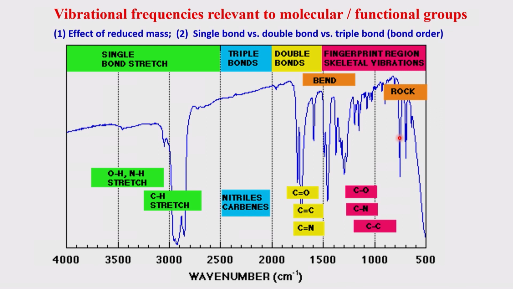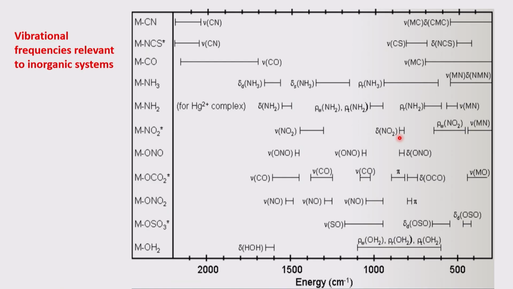So these are the kinds of ranges that you have, and these are for the functional groups. We can also look at the inorganic systems.